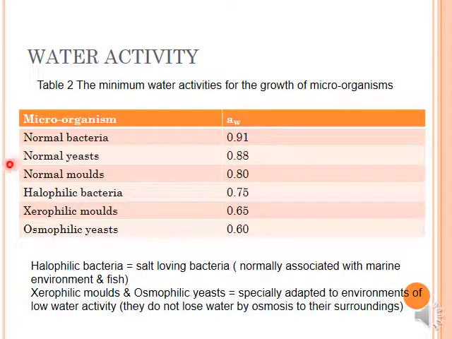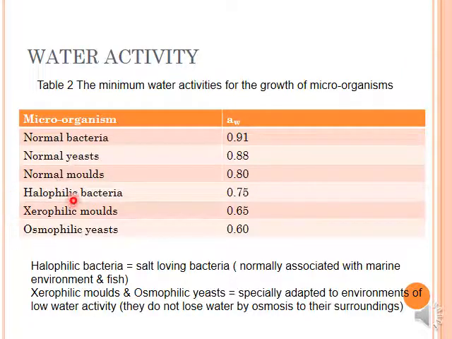Same goes for normal yeast. Normal mold needs a slightly lower water activity value, 0.8. So if you have food with water activity less than 0.8, this normal type of mold will not likely grow.